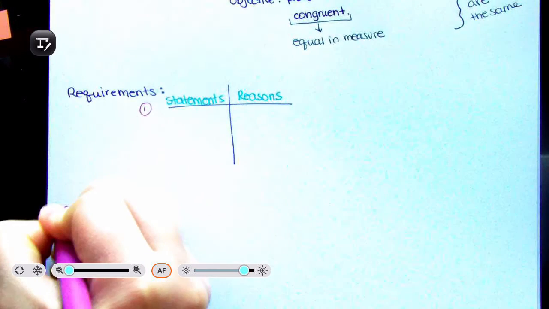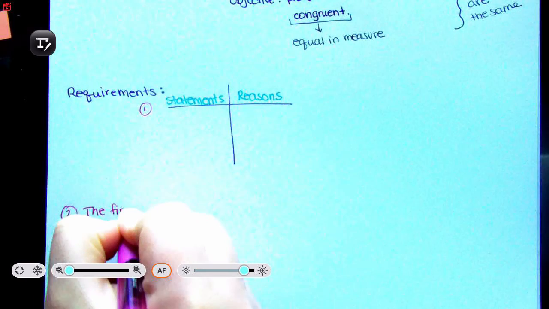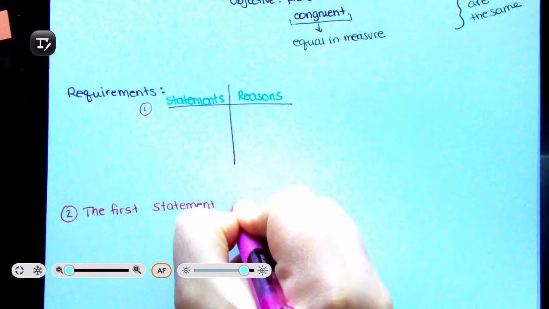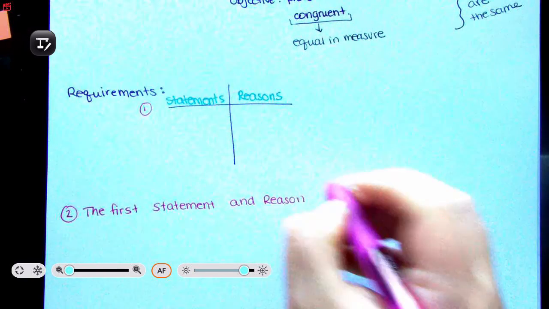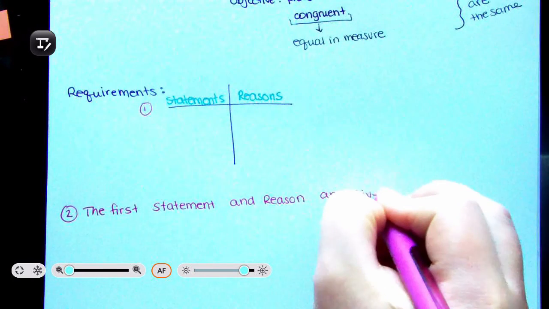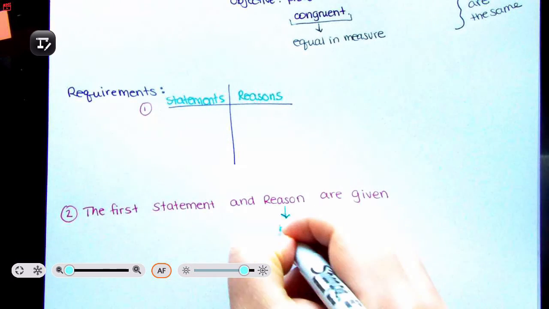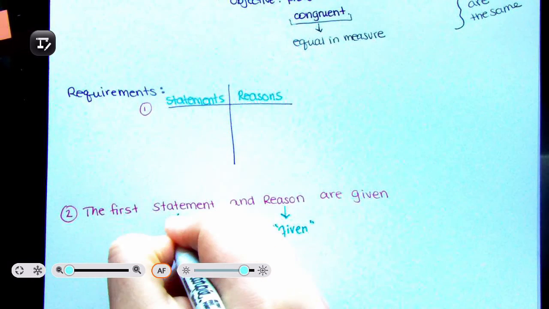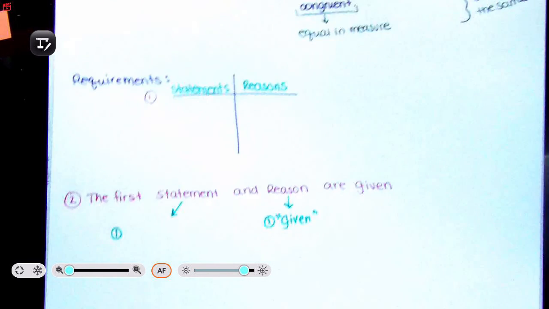The second requirement is that the first statement and reason are given. Literally, for the reason part, you're going to write given. And for the statement part, you're always going to use a number next to it. I'll show you how.